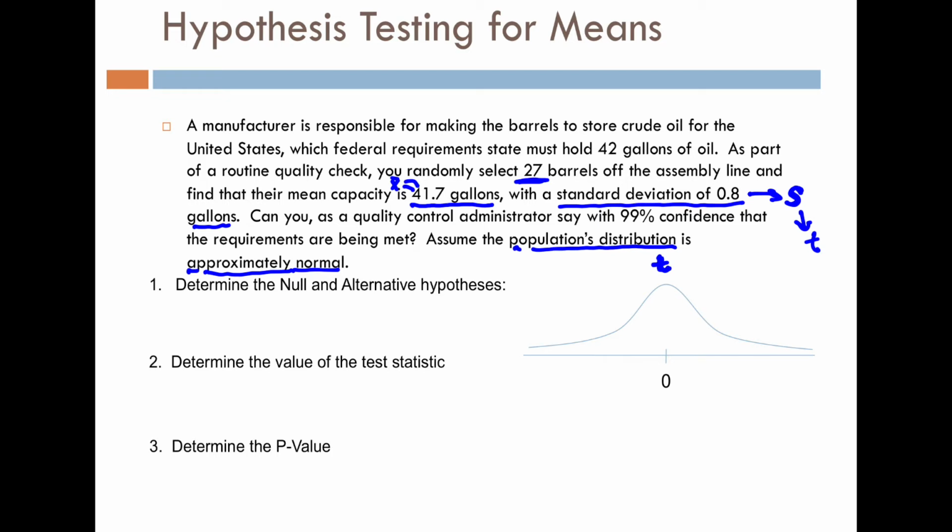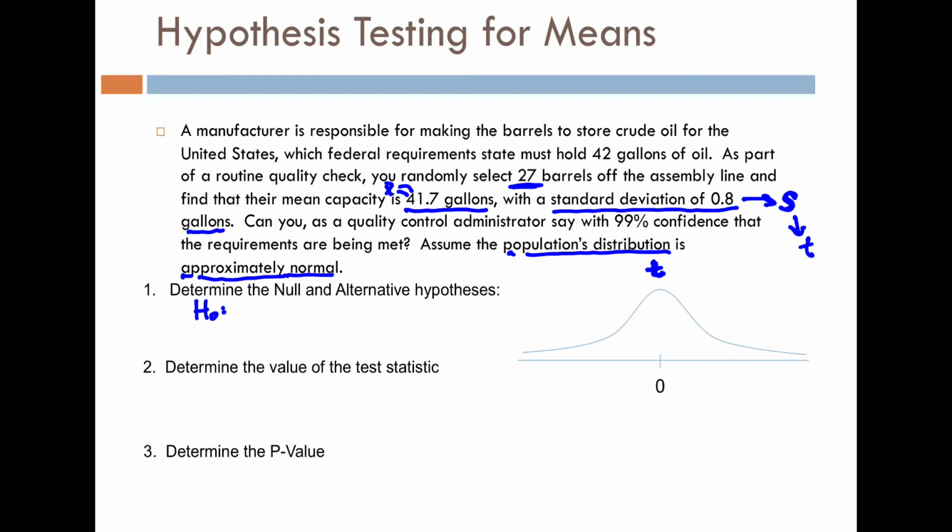Okay, so the number that is being disputed in this case is the 42 gallons of oil. Right? The federal requirements state that the barrel size must hold 42 gallons.